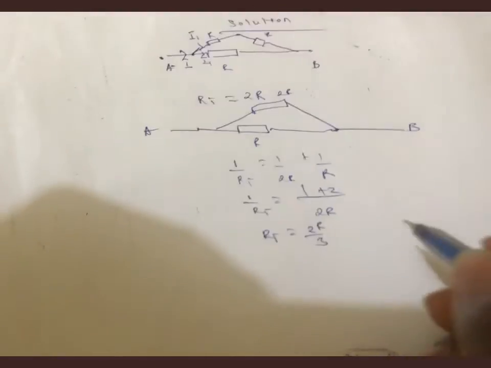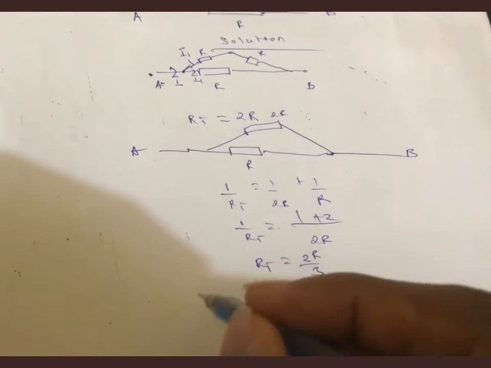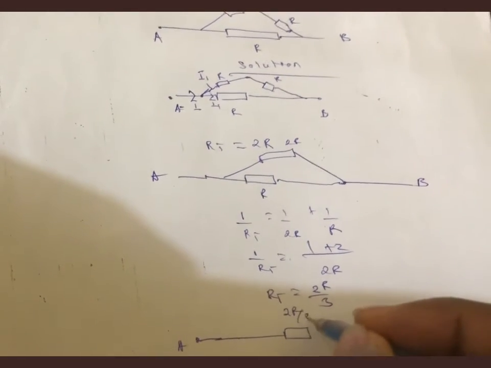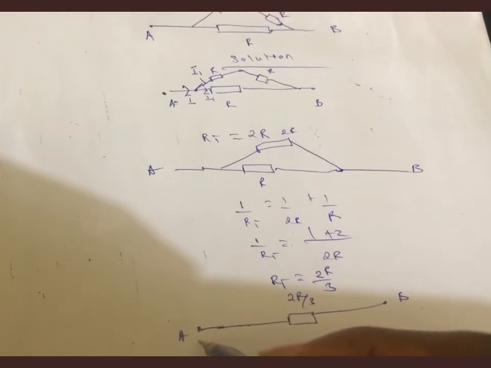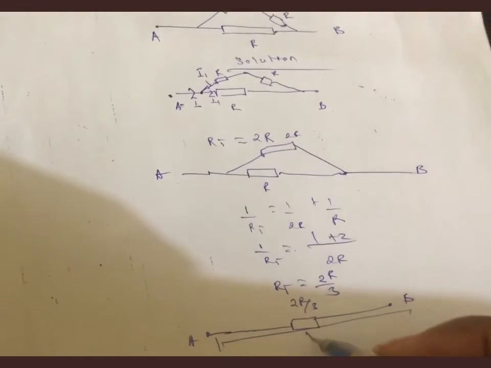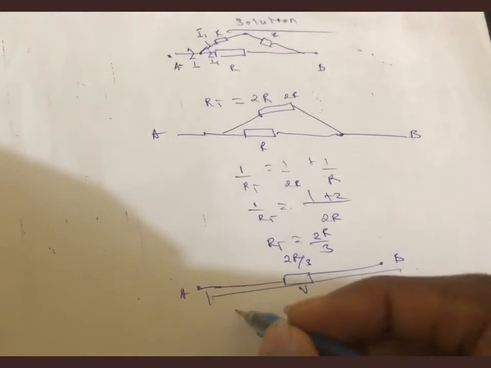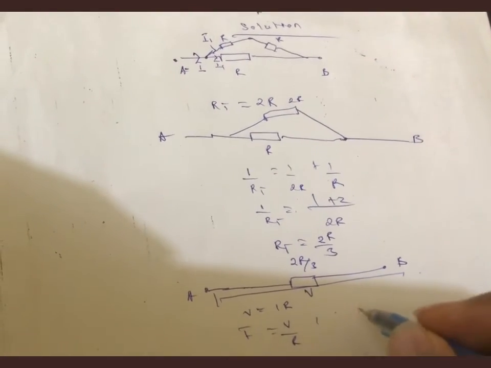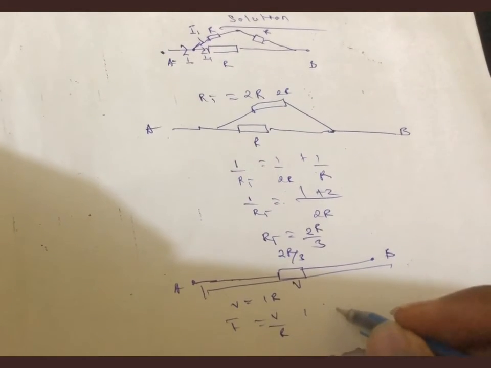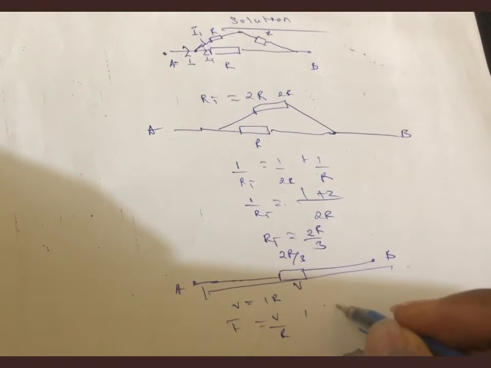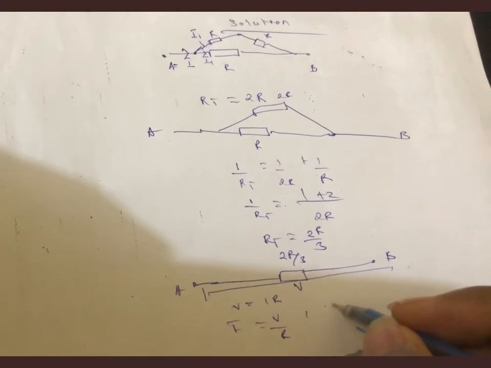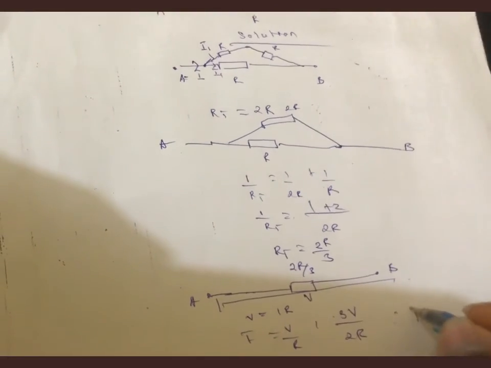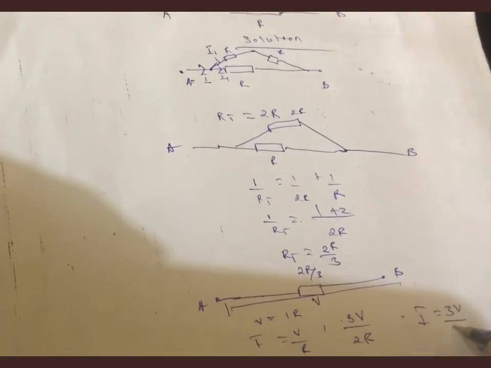2R over 3. So we will now have something like this: A, 2R over 3, B, where the potential difference between this point and this point is V. Therefore, we know V is equal to IR, and the current will become V over R. Since we know our R and we know our V, our current will now be 3V over 2R.